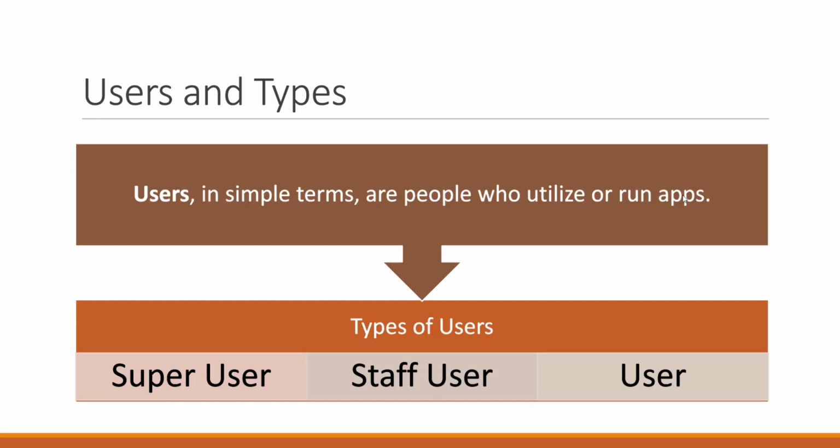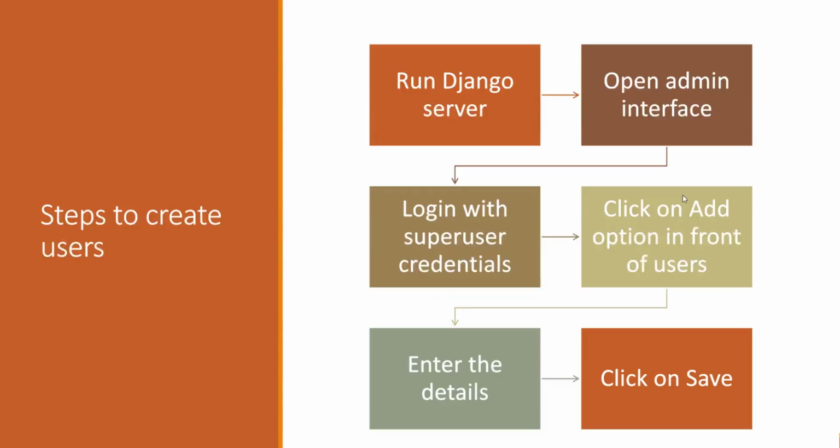Moving forward, now we will learn how to use the admin interface in Django to create a user. Before we start creating a user, keep in mind that you must be a superuser first. If you have not created a superuser, create it first by using the steps I outlined in the previous module.